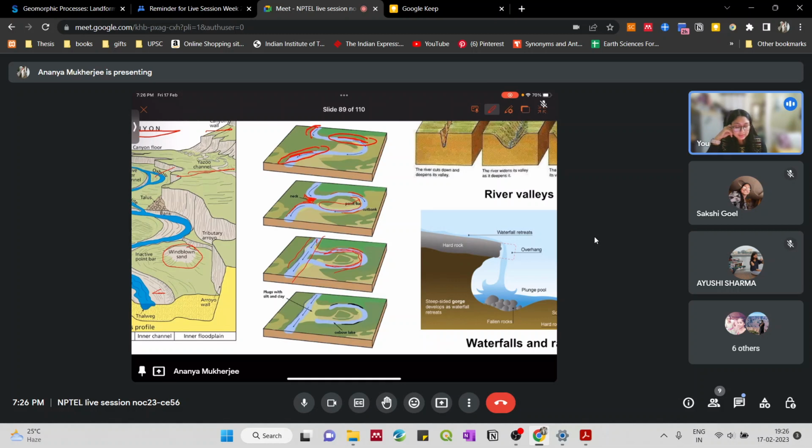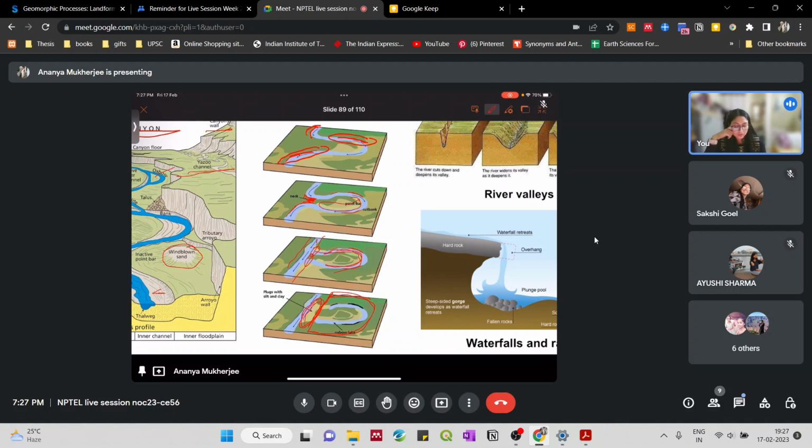Soon you will see that the deposition will start happening here and here. So this point bar that is created here is going to join. It is going to cut off this meander from the constant water supply, and then it will form what is called an oxbow lake.